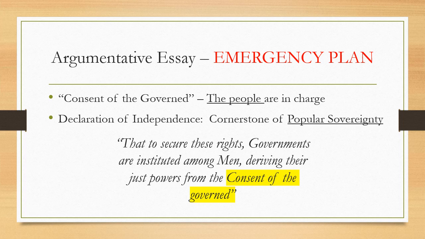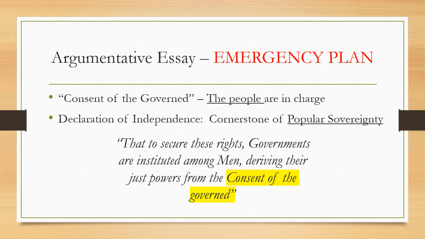If you get in trouble, deep breath and go, you know what? I'm just going to throw out the Declaration of Independence, consent of the governed. You can take almost any prompt and talk about the importance of the will of the people as it's declared in the Declaration of Independence, right? Consent of the governed, the people are in charge. If you want to use the phrase popular sovereignty, that's a good one.